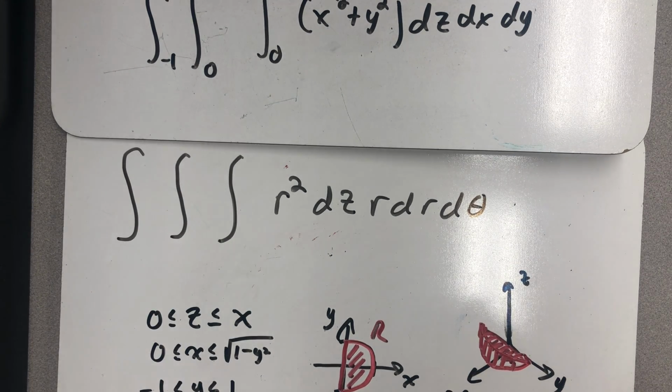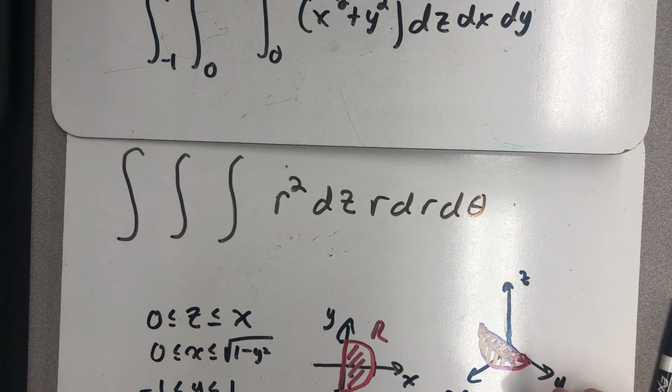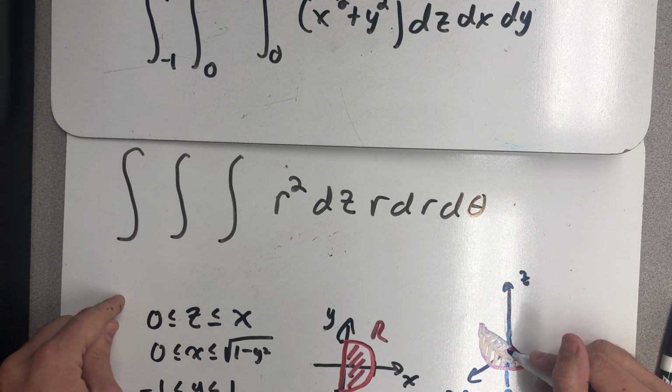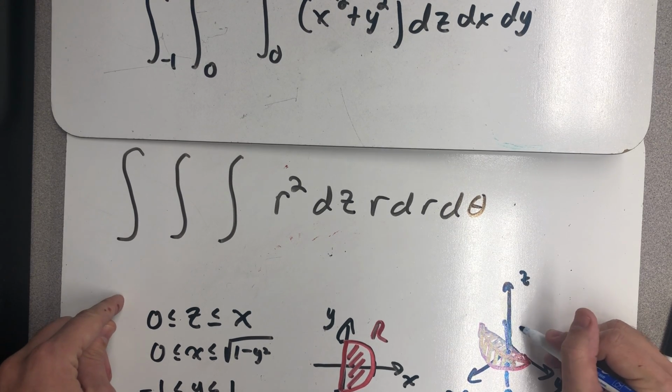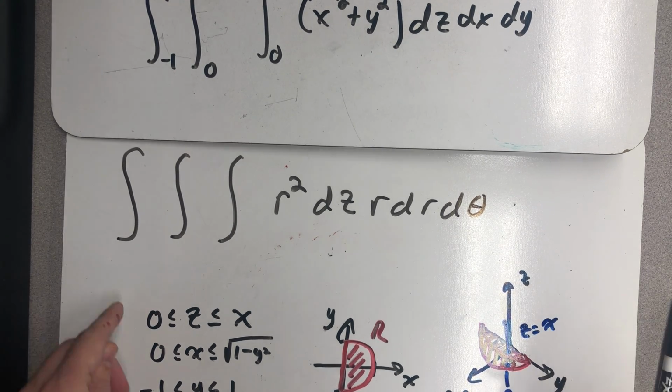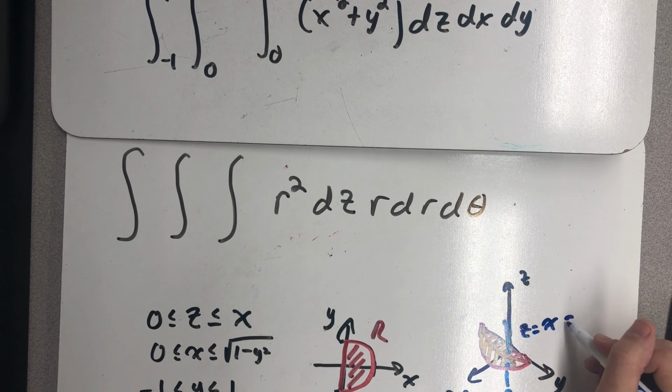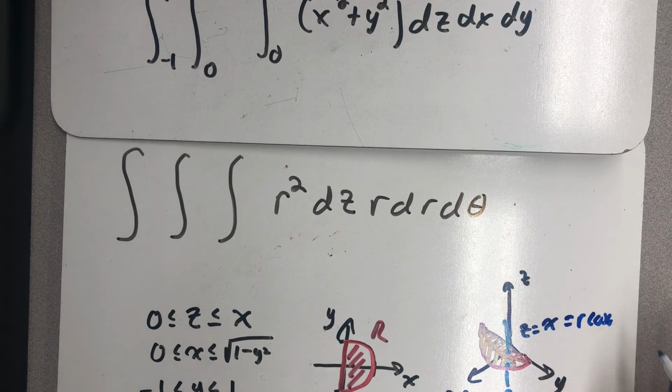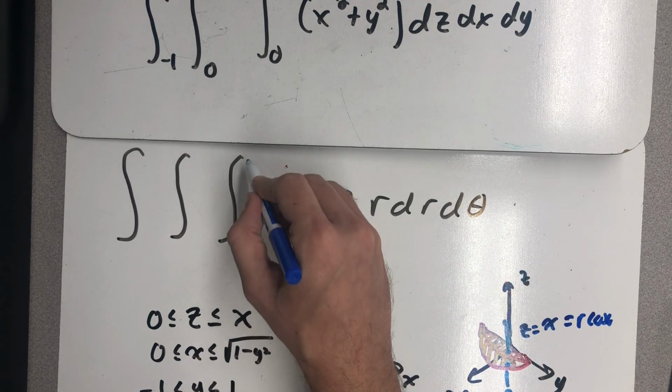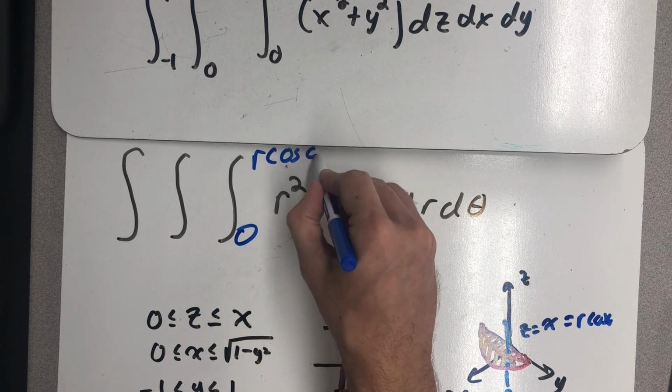I need to shoot a ray through my volume, parallel to the z-axis. I would come in, hit the bottom of the wedge at z equals 0, and then hit the top, which is z equals x, but I need that in cylindrical coordinates. Well, x is r cosine theta. So I go in at 0 and I exit at r cosine theta.